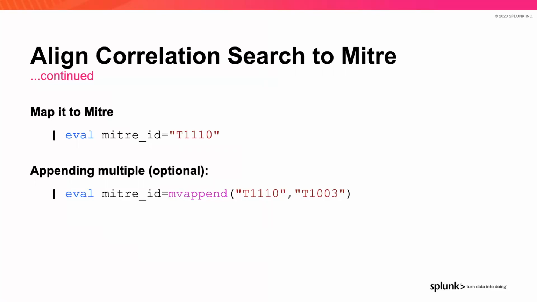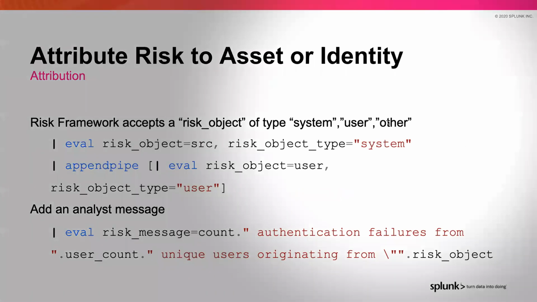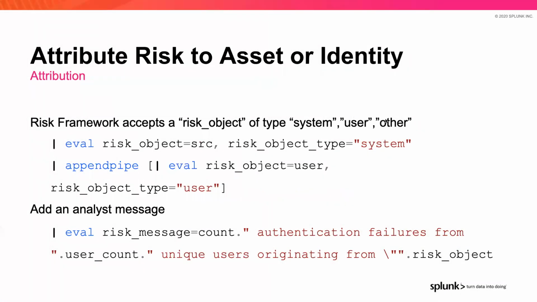So that's step one. Step two, we want to attribute a risk to an asset or identity in our environment. By default, the risk framework inside of enterprise security supports a type of system, user, or other. For the majority of our use cases, we're going to use system or user, and that is the asset or identity we're talking about.